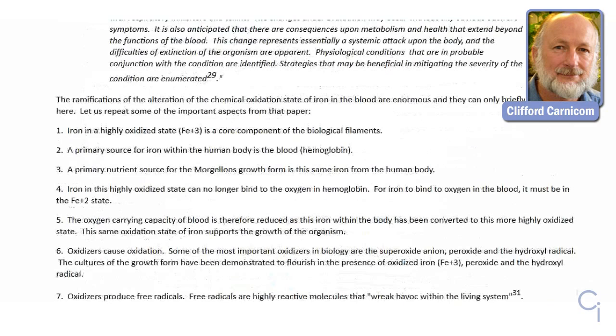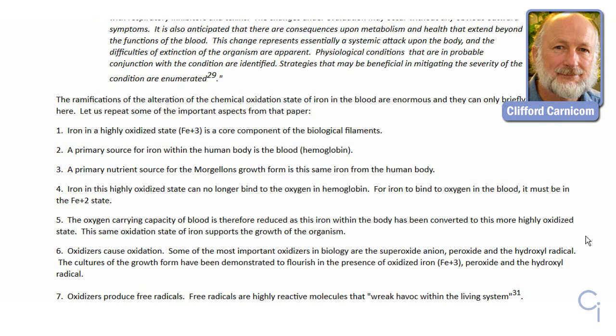It'll say something like iron is in a certain oxidized state, and that'll be important to us, is a core component of the filaments. Primary source for iron in the body is the blood. A primary nutrient source for the Morgellons growth form is the same iron. Iron in this highly oxidized state can no longer bind to the oxygen in hemoglobin.